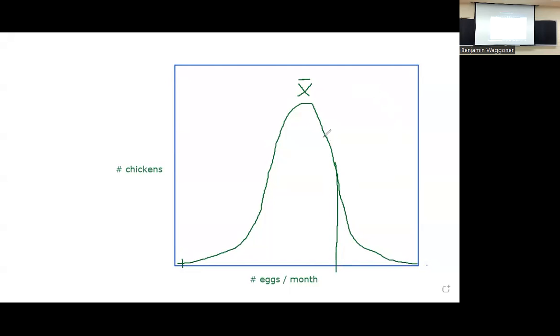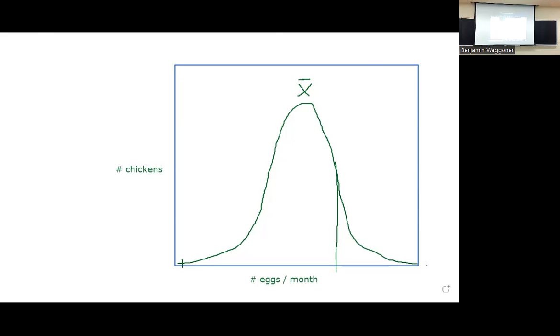If you're a chicken and you're not above the cutoff, then you get cut off. Get it? All right. So if you are a chicken and you're laying fewer than this number of eggs per month, you end up in stew. If you're laying more than this number of eggs per month, you get to live and you get to breed. All right, with me there.